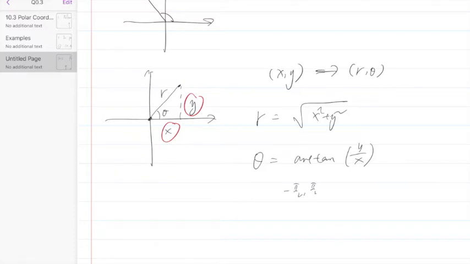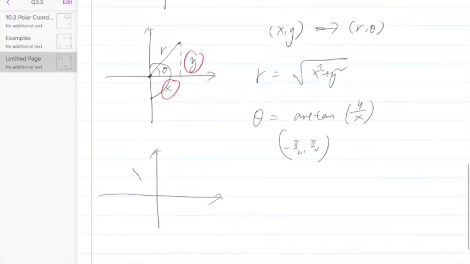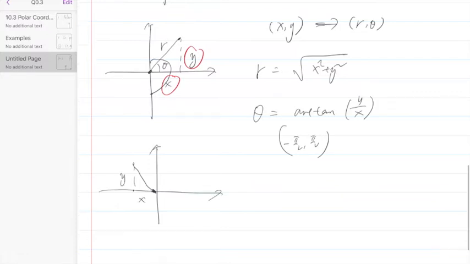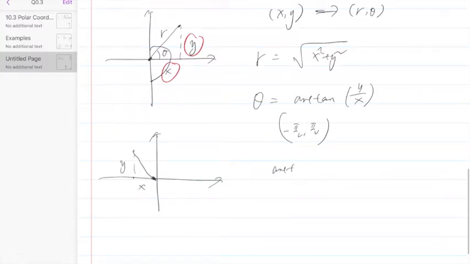Now, one thing you need to be careful here, that is, arctangent does have a range which comes from negative pi over 2 to pi over 2. That means it will be able to handle all the angles between here and here, but it will fail if you try to put an angle which is here. So for example, if this is x, this is y. Now if you do arctangent y over x, clearly this one is going to give you the angle here because it's a negative number.